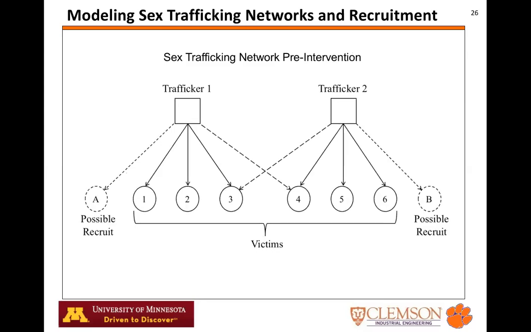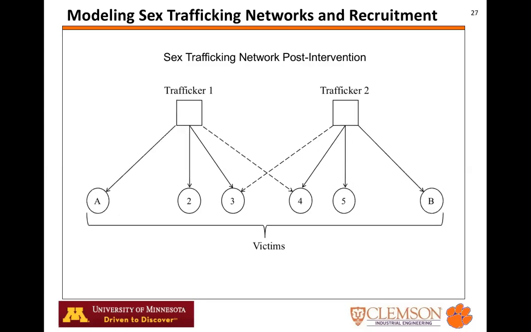So if we remove victims 1 and 6 from the trafficking situation, trafficker 1 and trafficker 2 are going to reach out to the possible recruits and bring them into the trafficking environment. So even though we removed 1 and 6, we haven't decreased the overall victimization in this example.